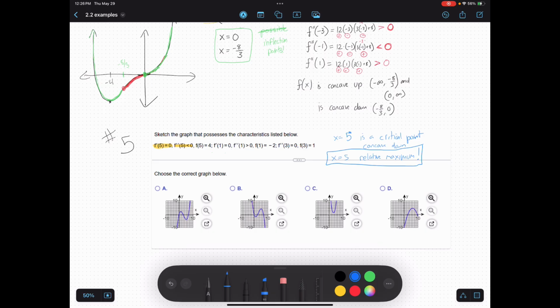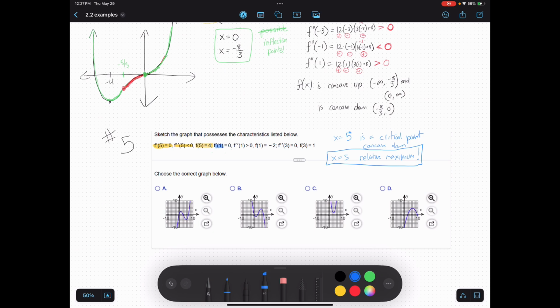So I know there's a relative maximum at x equals 5. If I keep going and I look at this piece of information, what does that tell me? F of 5 equals 4, all that tells me is where that y value actually is. So I have a relative maximum there, and that maximum reaches a height of 4.